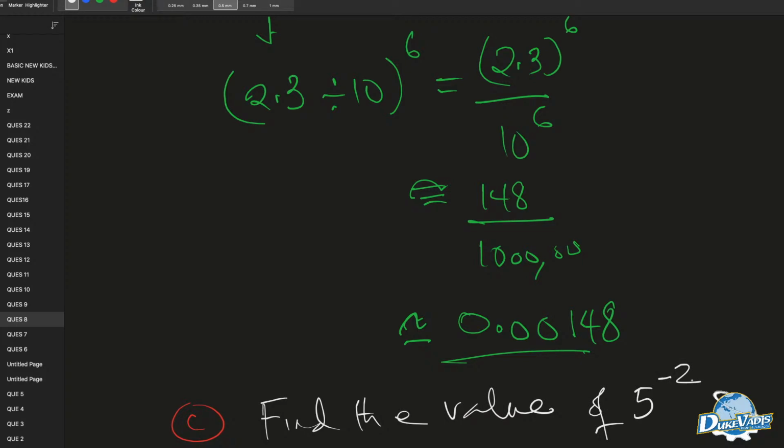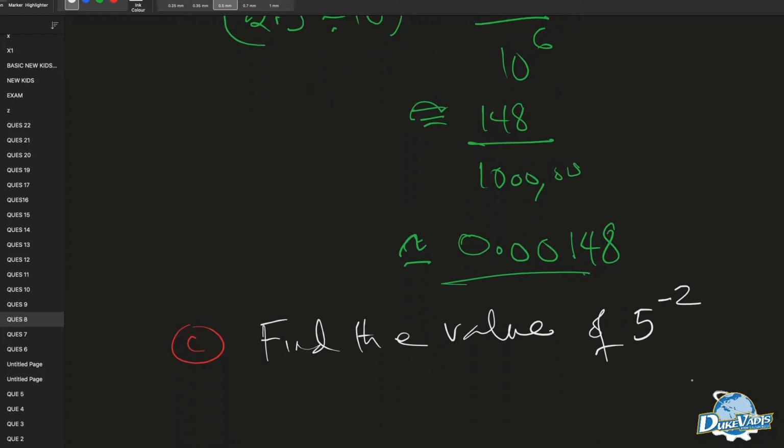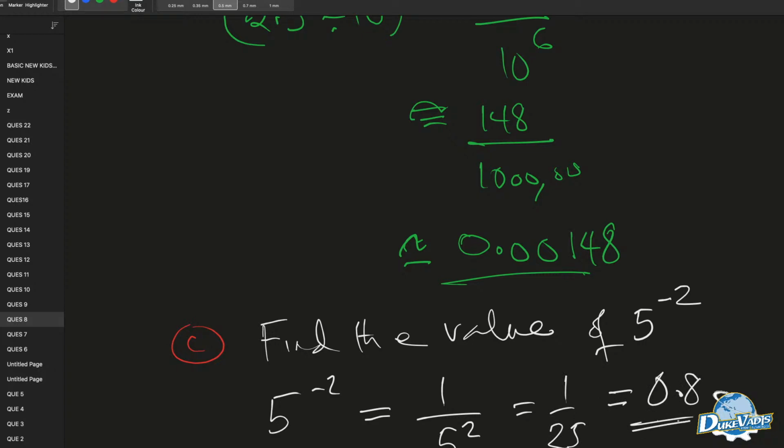Friends, this is a bonus once again. So what do we do? 5 raised to the power negative 2 is the same as 1 over 5 squared, and this means 1 over 25. And this one we divide, we get 0.04. As simple and easy as that. Beautiful.